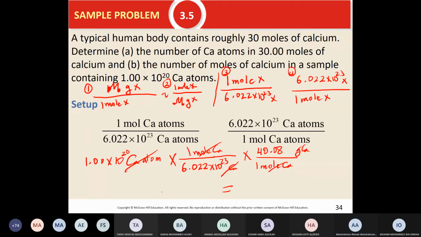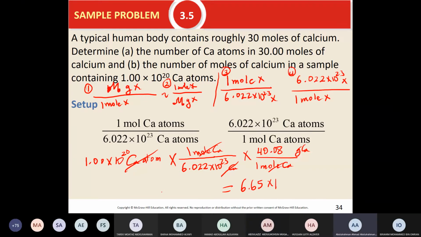Done. Yes, that's right. Okay, give me the answer. 6.65 times 10 to the power of minus 21.